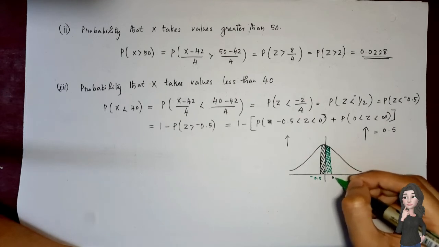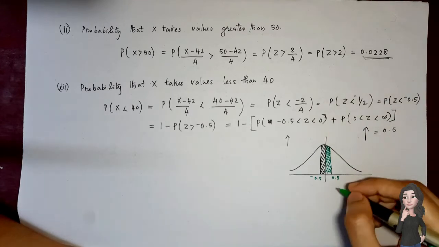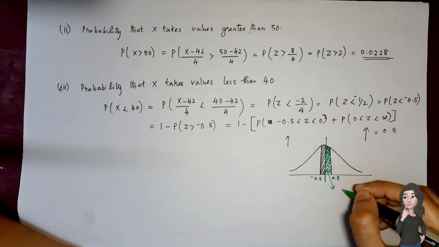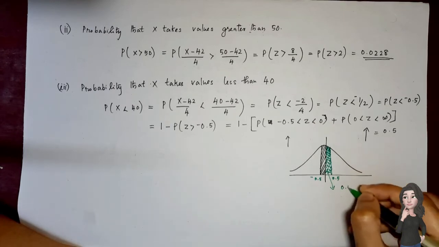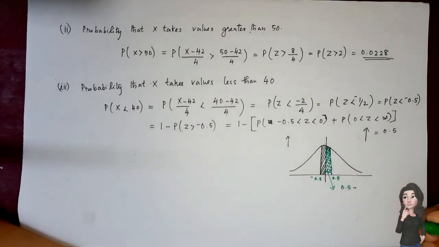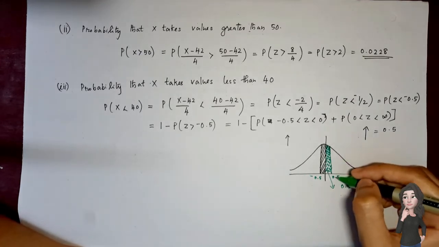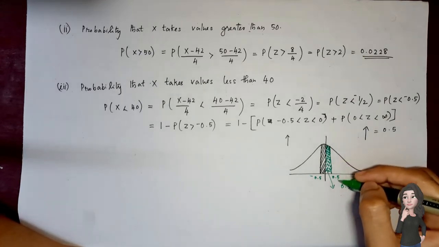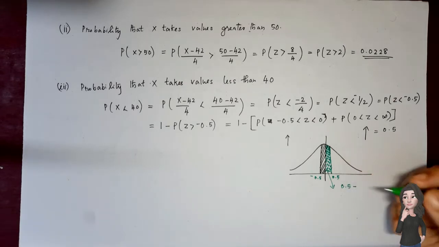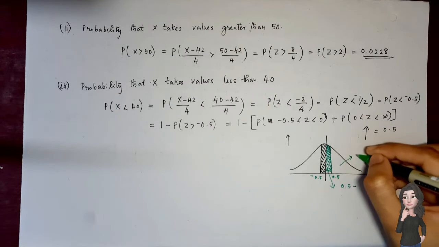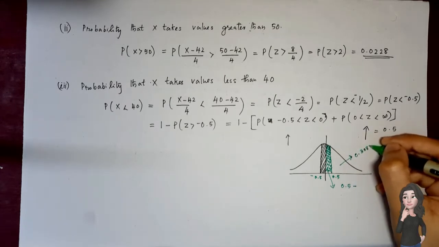This is equal to 0.5 minus, that is the total probability minus, the probability that z is greater than 0.5. The probability that z is greater than 0.5 is 0.3085.